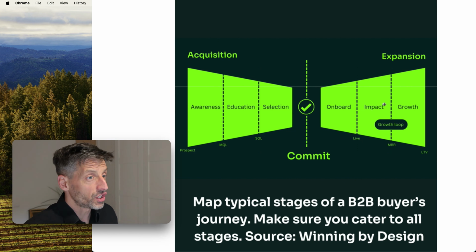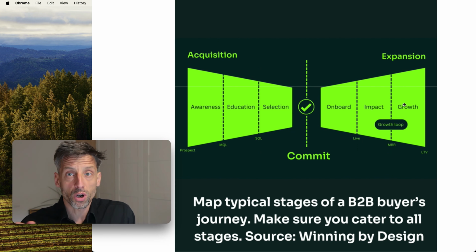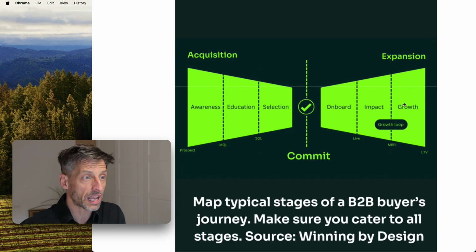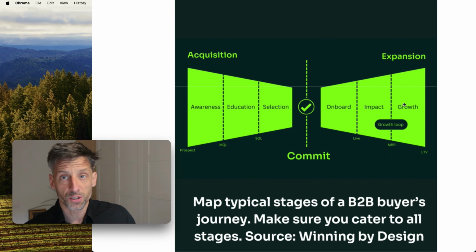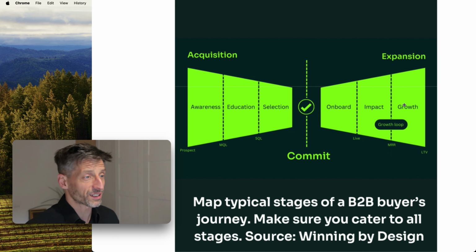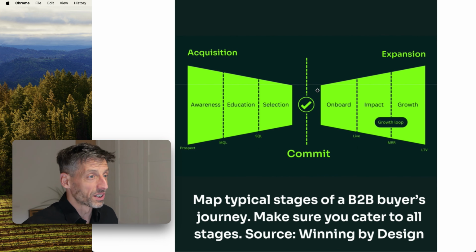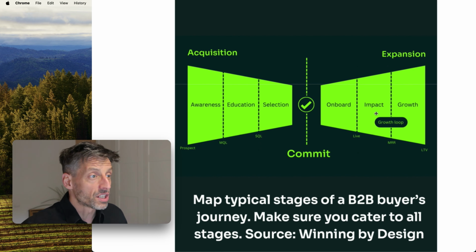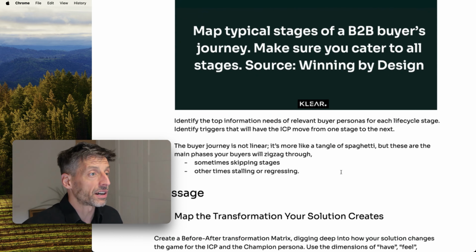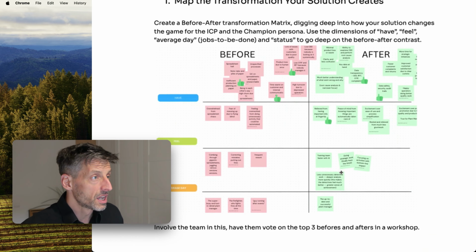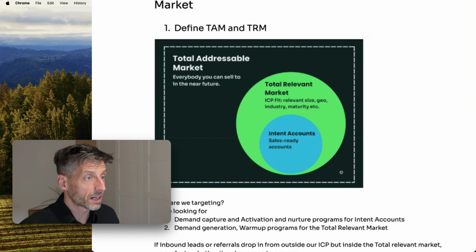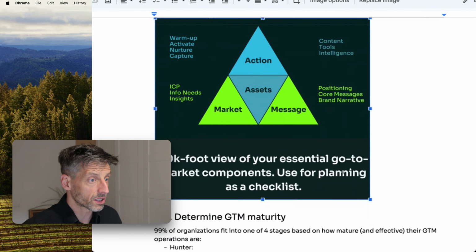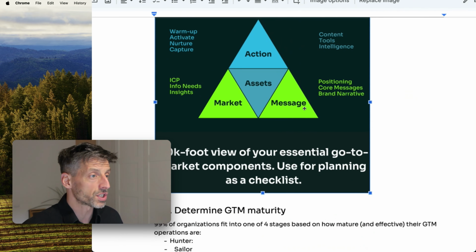And then you're going to need to help them grow further with your solution and give them additional opportunities to buy from you, basically, okay? And we're going to take a look at what's going on in your buyer journey in each of these stages for your buyers, okay?